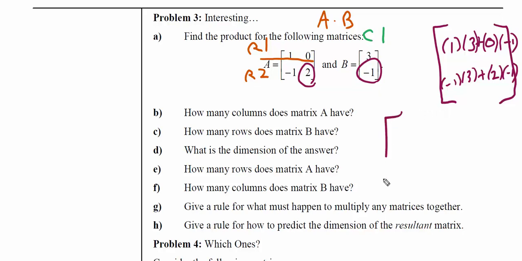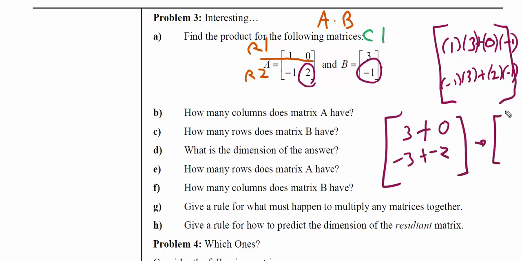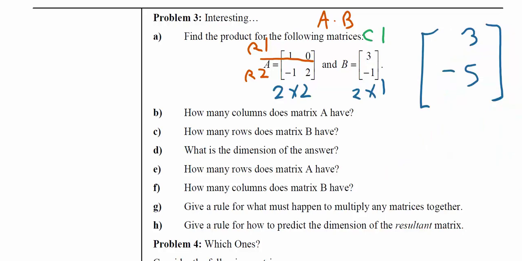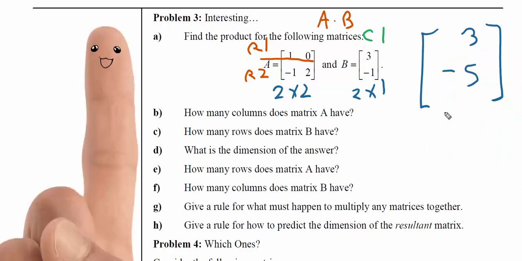Simplifying this, we get 3 plus 0, and we get negative 3 plus a negative 2, which results in a 3, negative 5 matrix. So we know that the dimension of the answer is a 2 by 1 as predicted.